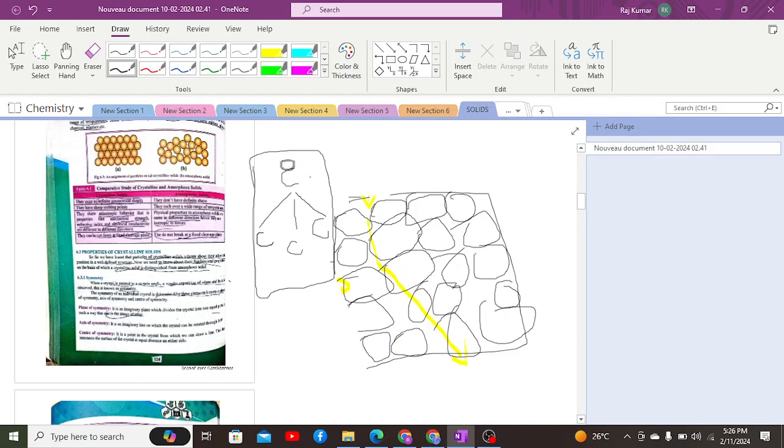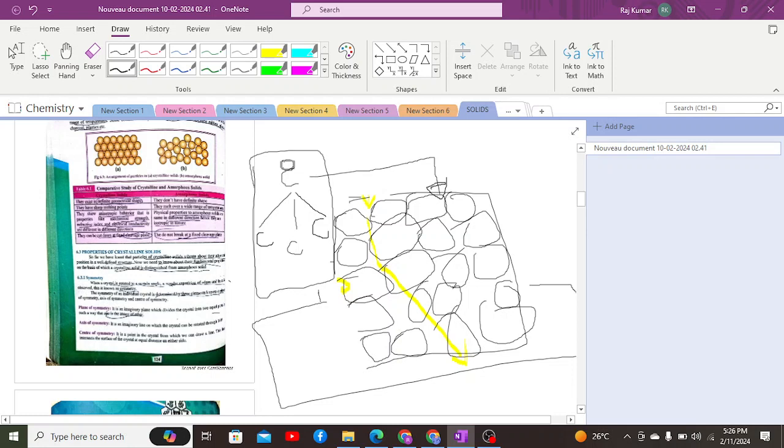So when the carbons are arranged in this type of geometry, whenever current is passed in the horizontal direction, let's suppose with the positive terminal of the battery on one side and the negative terminal on the other, there is no free electron present on the side of carbon, due to which current will not be conducted on the horizontal side.